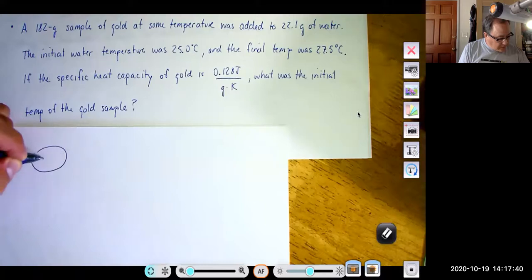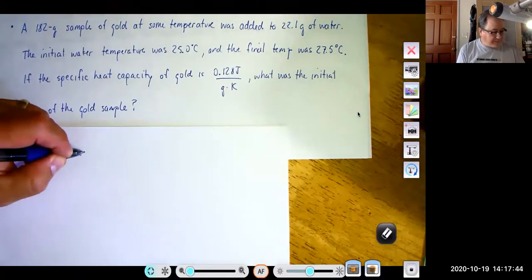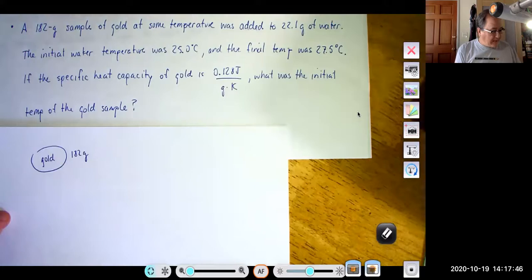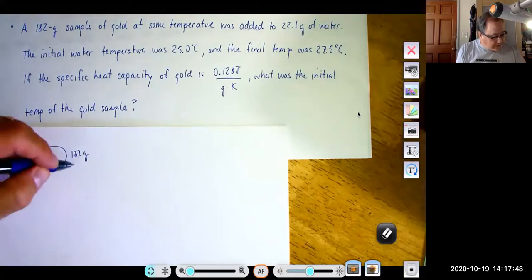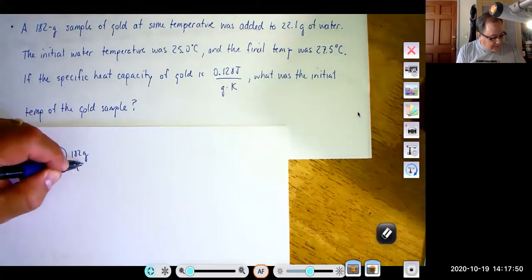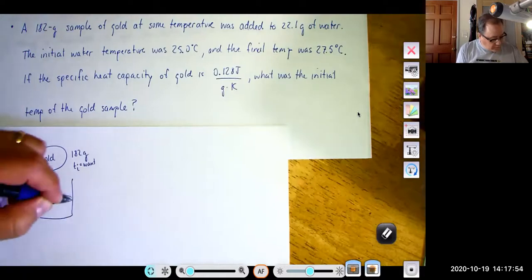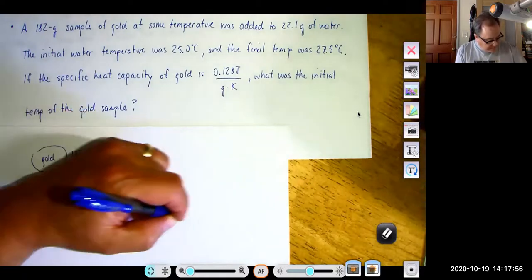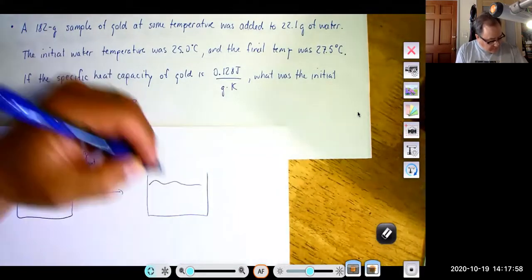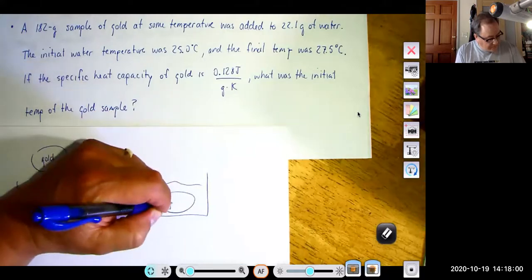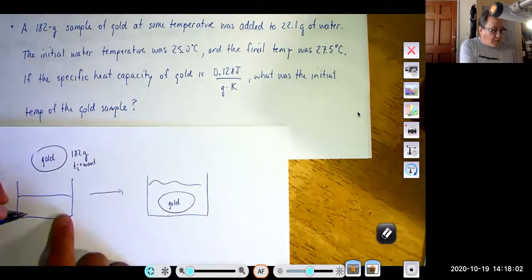Here's my gold, and it's 182 grams. And here, T initial is what we want. Here's my water. We put the two together, and here's the gold. Now, for the water, what do we have?